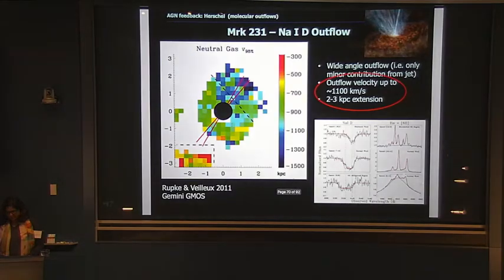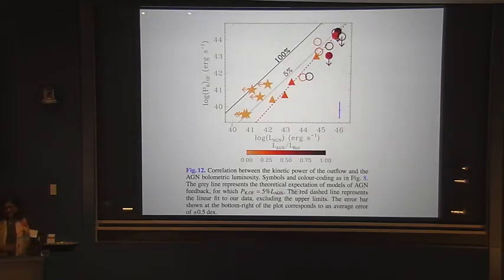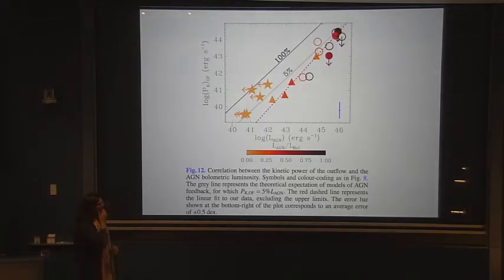So there's a lot of interesting data, and the model is still heuristic, but it can be developed much, much further and tested. As you can imagine, in terms of further observable tests, these models actually predict a relationship between the kinetic power of the outflow and the bolometric luminosity of the AGN.